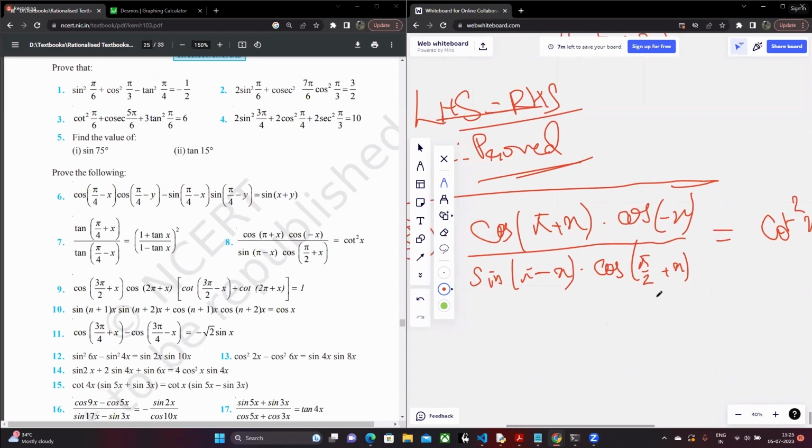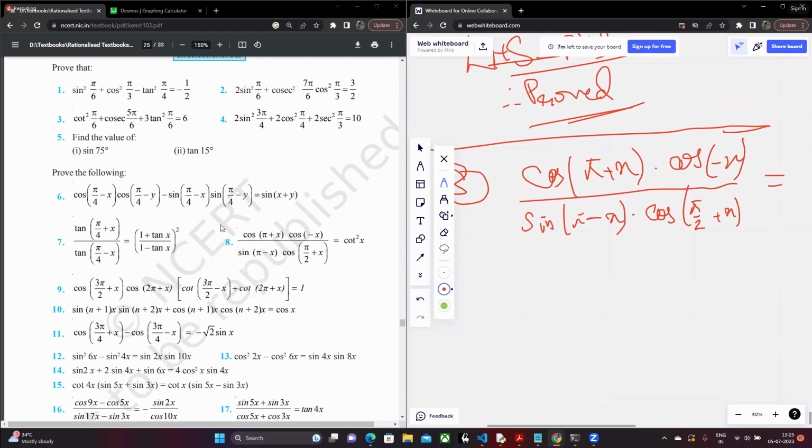All right. So first things first, cos of pi plus x. Note that this is going to be in the third quadrant, right? Cos of pi plus theta is going to be minus cos theta. Cos of minus x is going to be cos x, because you all know that cos is an even function.